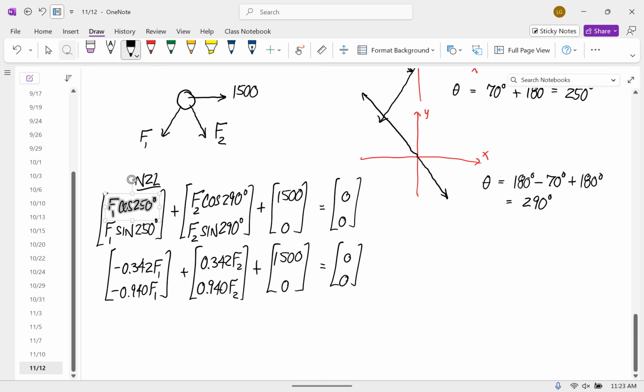And so the second equation says F1 is equal to negative F2, or I guess I'll write F2 is equal to negative F1 for substitution. And so then 1500 is equal to 0.684 F1.